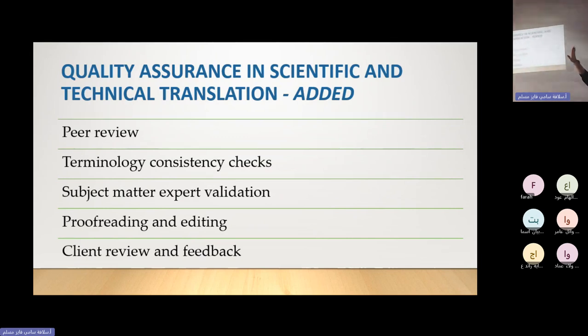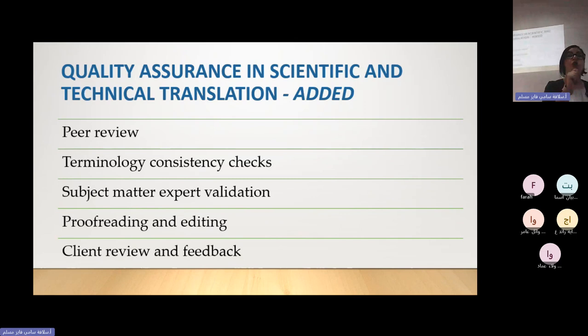Peer review, terminology consistency, subject matter expert. لاحظوا انه عم نعيد بعض النقاط اللي مرقنا عليها. اوكي؟ Proofreading and editing, client review and feedback. Proofreading and editing is a very important part of translation.